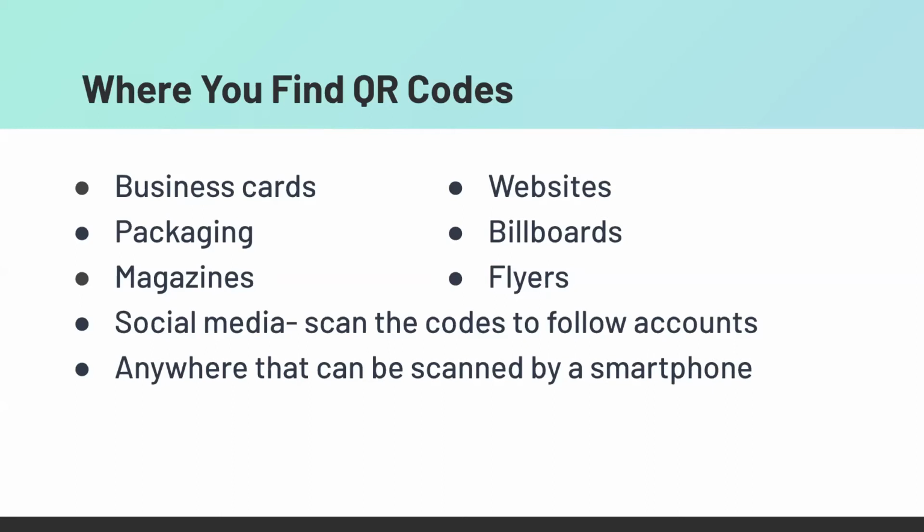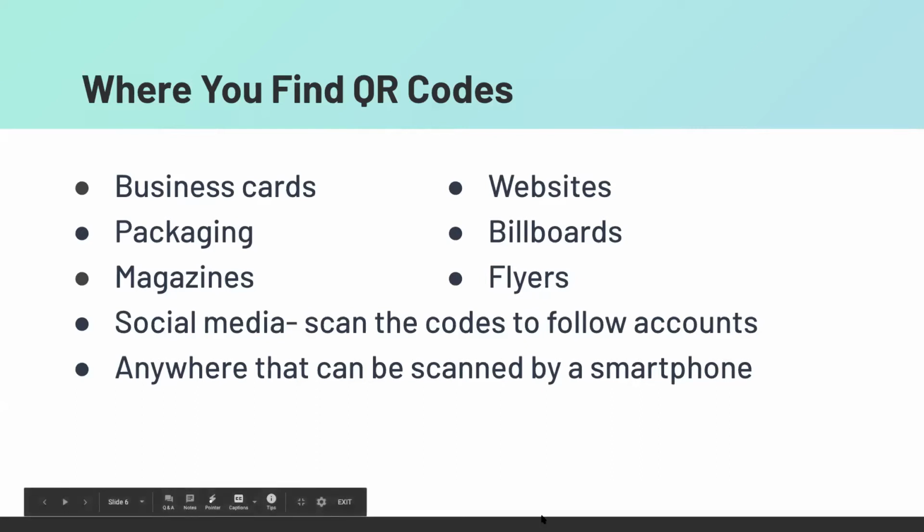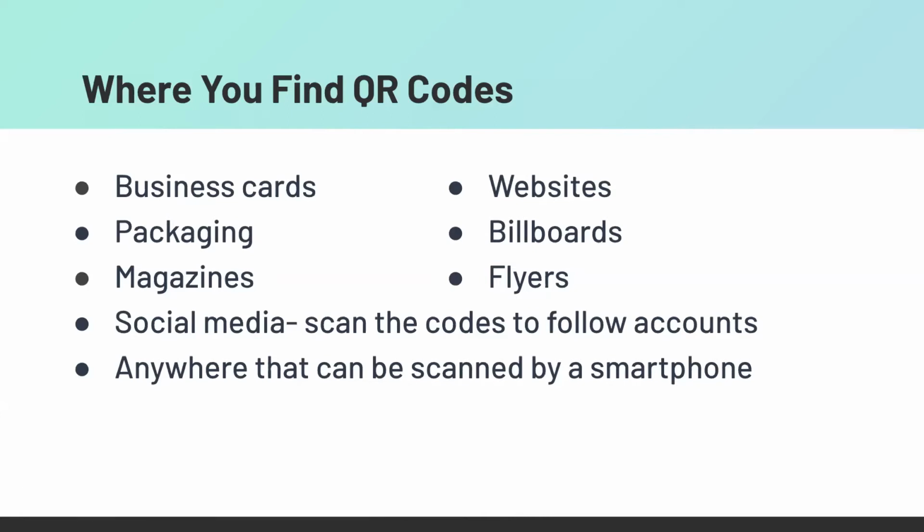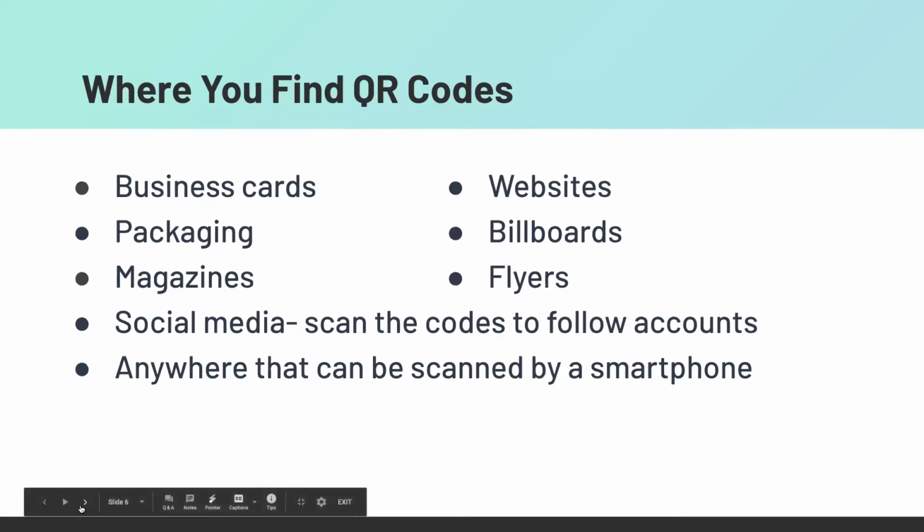With all these different places that you can find QR codes, it'll lead to a different type of information. And then you can also use QR codes with social media and even scan the codes to follow different accounts. Overall, you can really find QR codes anywhere that can be scanned by a smartphone. So whether it's in public spaces or maybe at a school, really anywhere there can be QR codes.